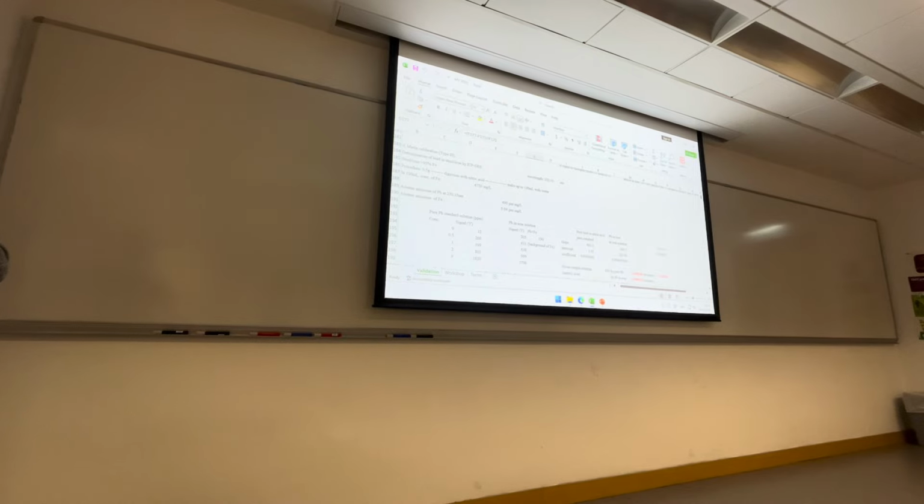There will be loss to your glassware, loss to your cleanup process, or loss in the solvent extraction, because solvent extraction just depends on the partition coefficient. It is not 100% for most cases, okay?